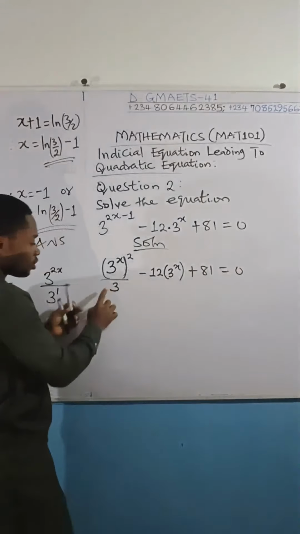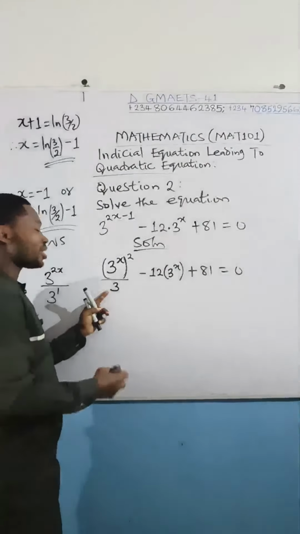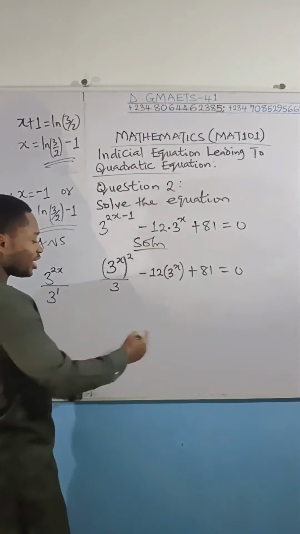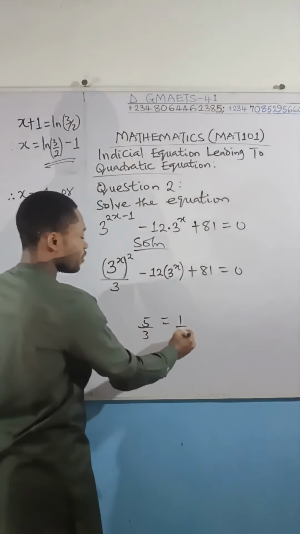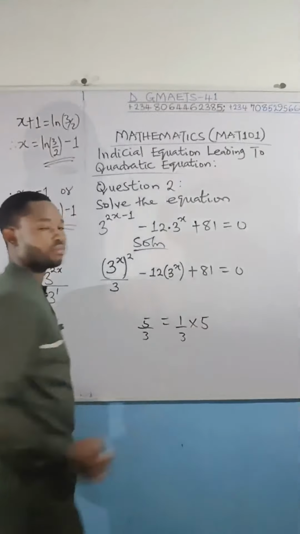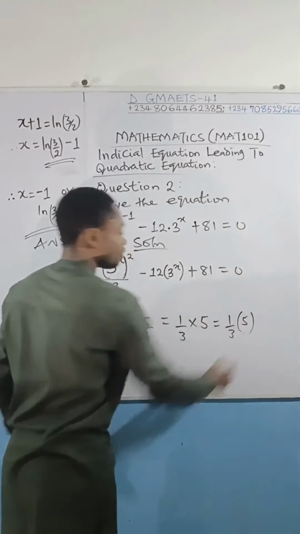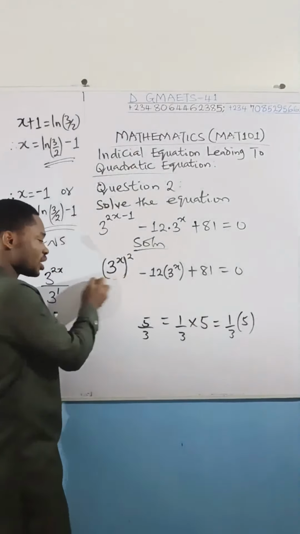Now, look at this over 3. Let me still rewrite it in another form for you to see. I don't want us to waste time here. This over 3, if you divide, let's say I have 5 over 3, this is the same as 1 over 3 times 5, which I can still write as 1 over 3 bracket 5. So can we actually write that here? Yes, we can.